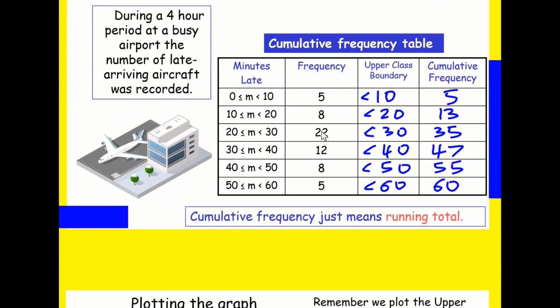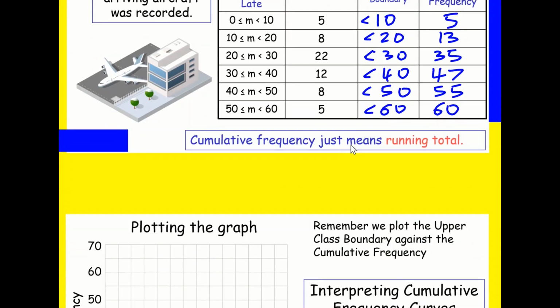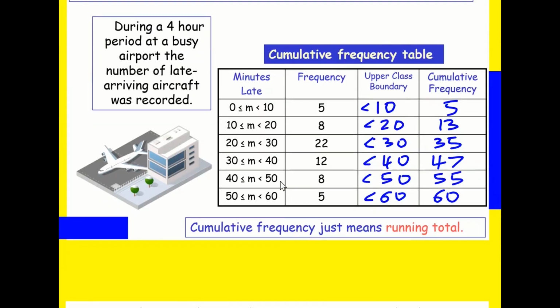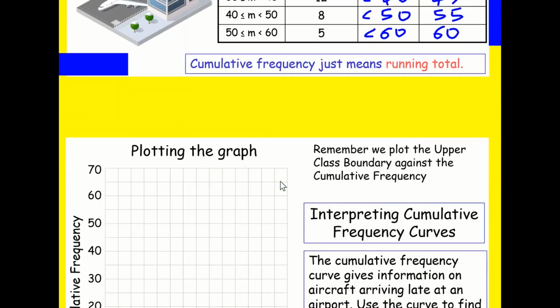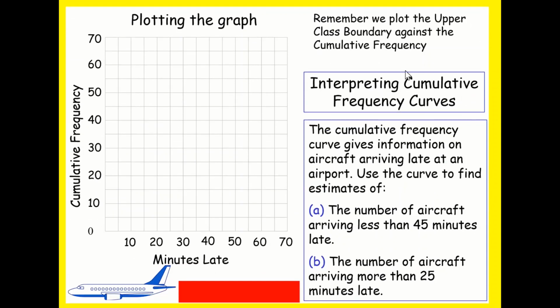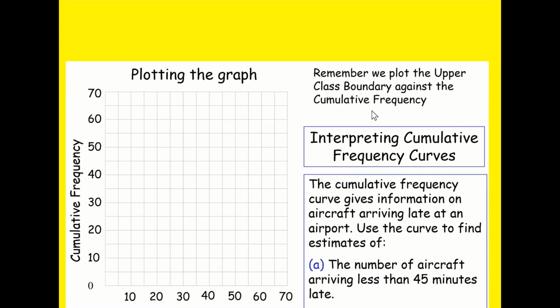How can we use that? We can plot it on a graph. So how do we do this? Well, we plot the upper class boundary against the cumulative frequency.